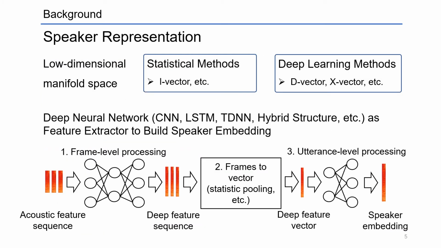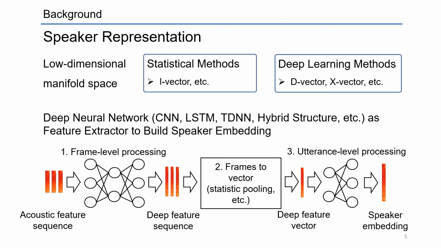A crucial issue of speaker recognition is how to give a unique representation for a specific speaker. Early work uses statistical models including Gaussian mixture model, universal background model, and joint factor analysis, and so on.